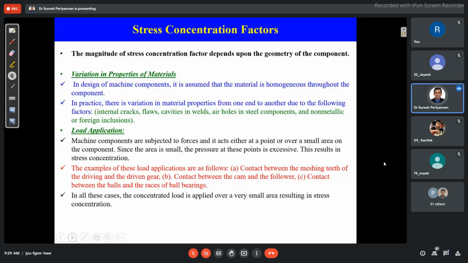When we are welding, cavities may be possible. Air holes or porosity may be present when we are casting the component. Air bubbles or porosity formed inside the component will act as a stress concentration.